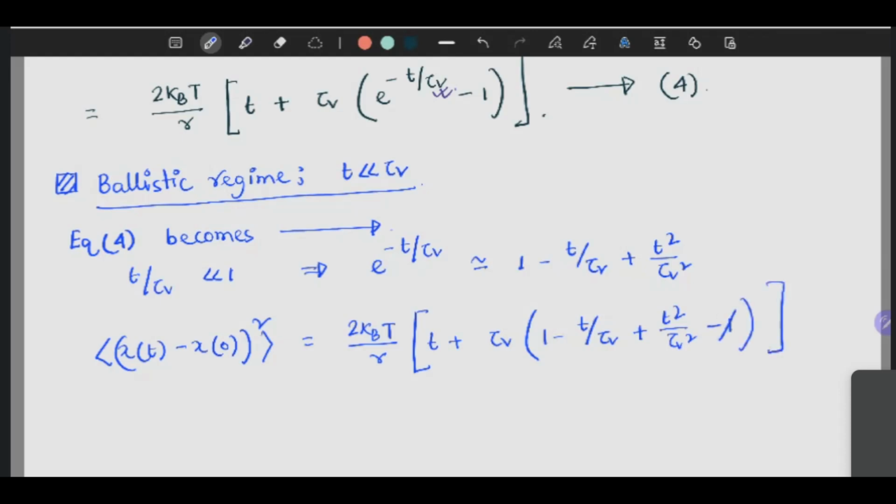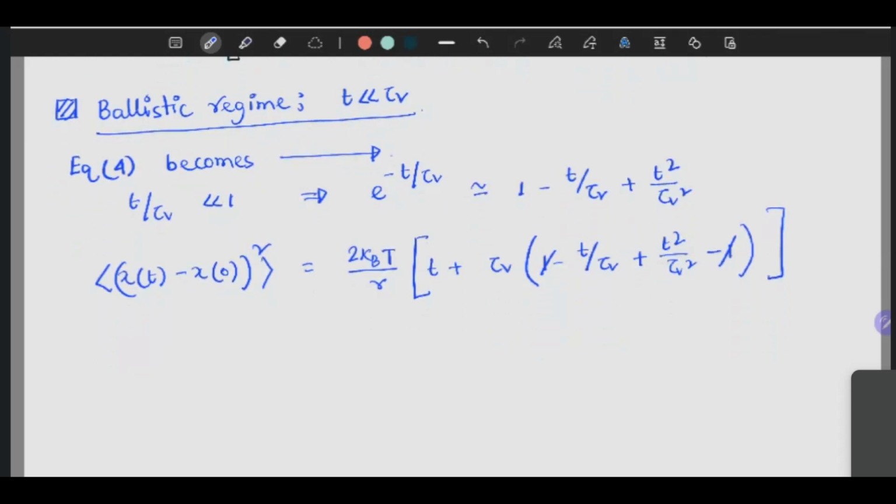So this cancels out, and this term will cancel this term. So this becomes 2 kBT by gamma times t minus t plus t square by tau v. So t cancels out.